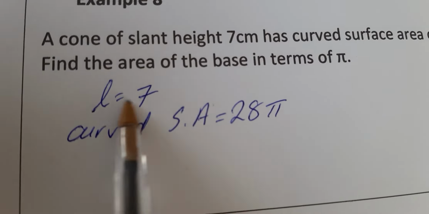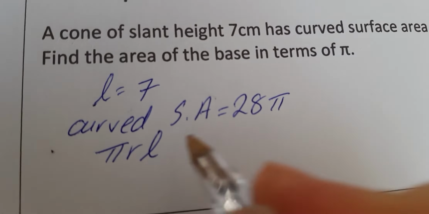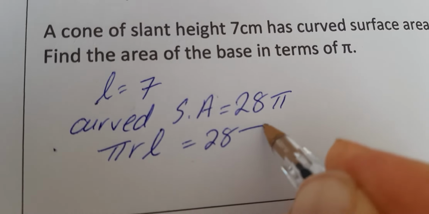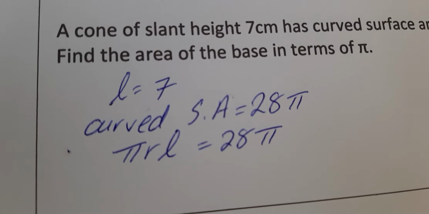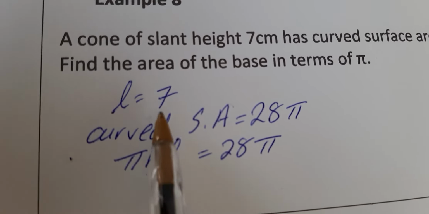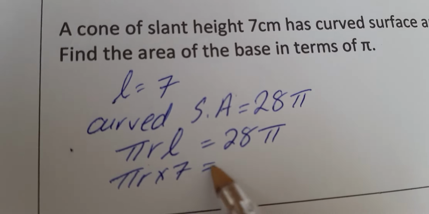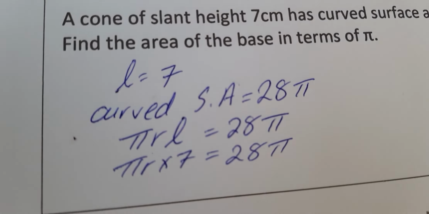Now I know a formula for curved surface area, and that formula is pi RL, which is 28 pi. I have two unknowns here, the R and the L, except the L is not unknown. They've already told me it's 7. So pi r times 7 equals 28 pi.